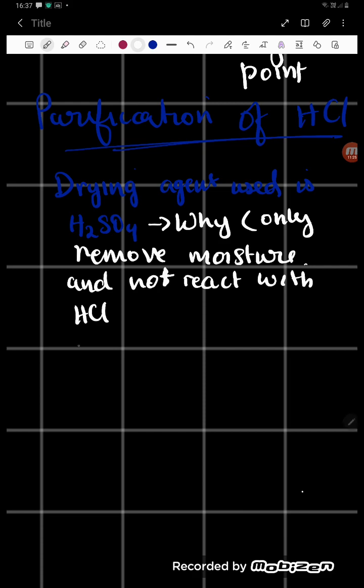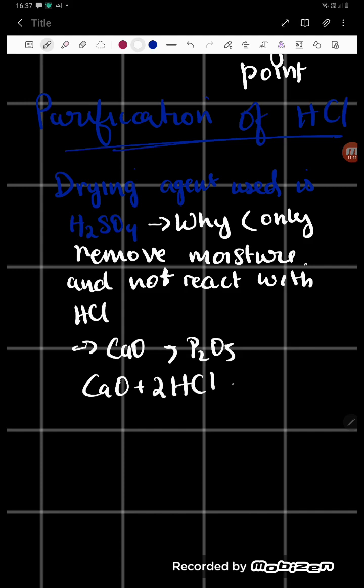The drying agents which are not used are CaO, calcium oxide, or P2O5, because, let me write down the equations for you guys. CaO plus 2HCl gives CaCl2 plus H2O. It ends up reacting.